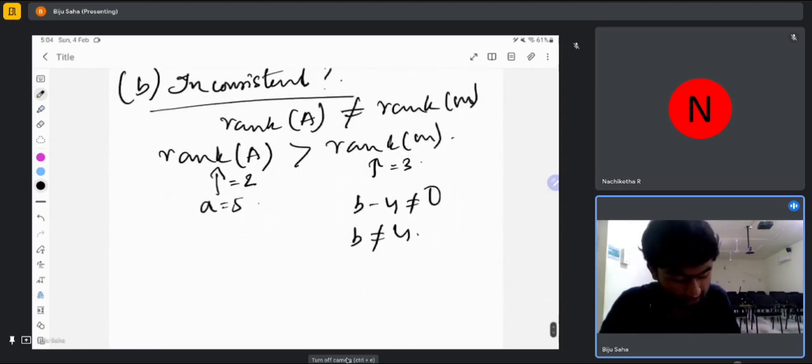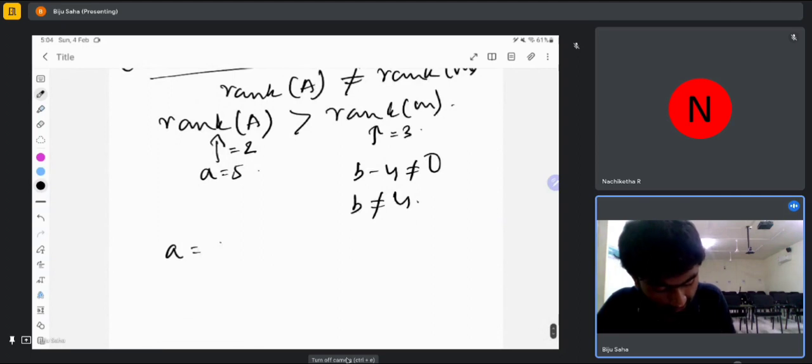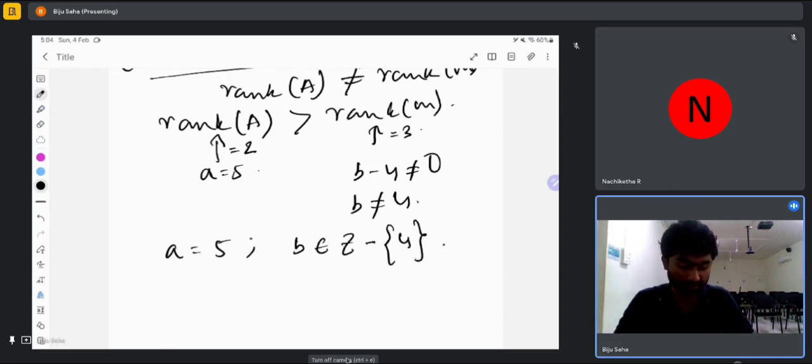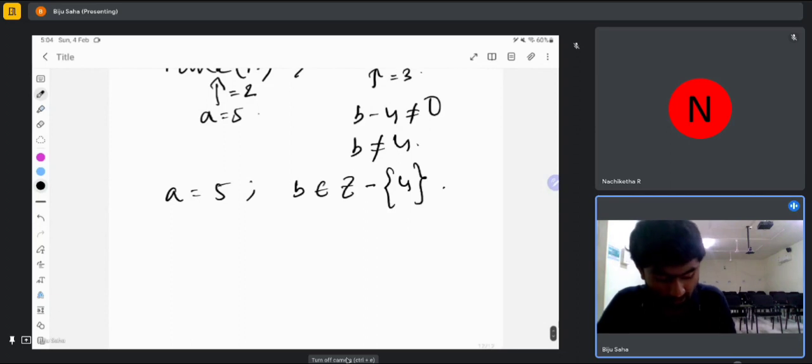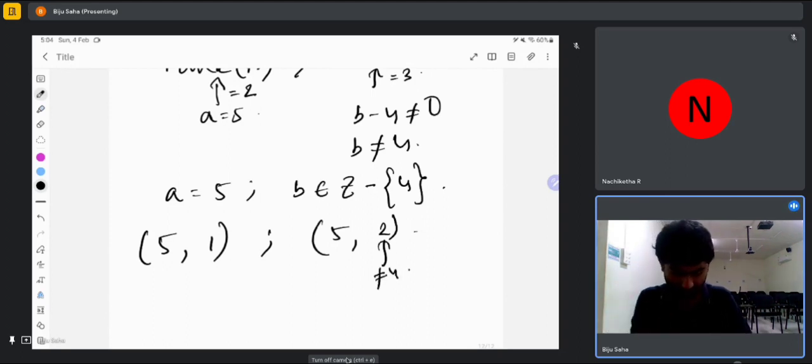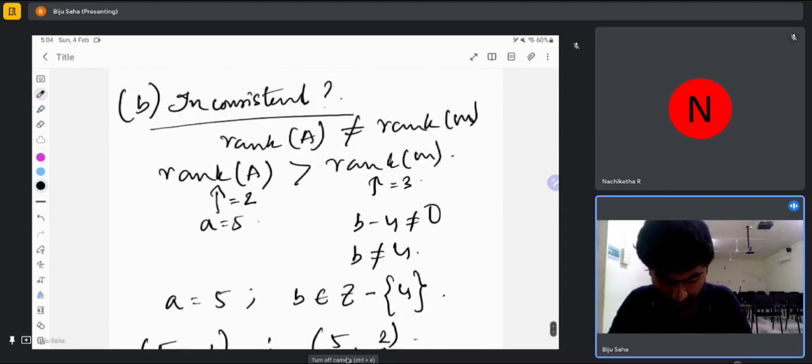So to make the system inconsistent, a can take the value 5 and b can take any integer except 4. So there can be several possible values of b. Let's say (5, 1) would make the system inconsistent, (5, 2) would make the system inconsistent. Likewise, except this element being equal to 4, for those values of a and b, we would have an inconsistent equation.